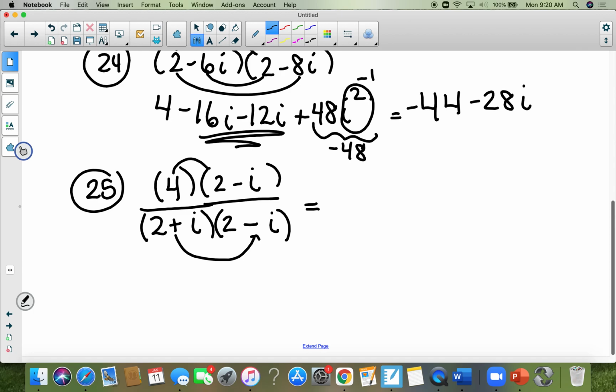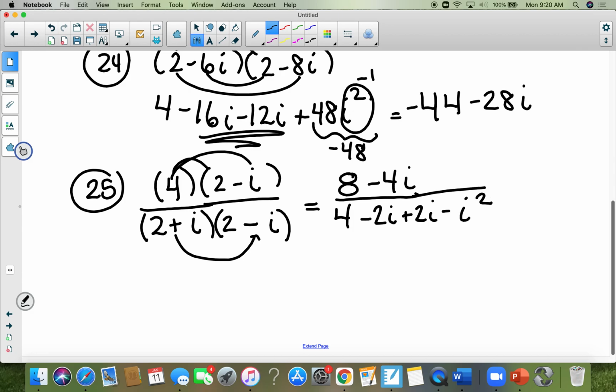4 times 2, 8. 4 times a negative i, negative 4i. That's the top. The bottom, 2 times 2 is 4, minus 2i, plus 2i, minus i squared is on the bottom.